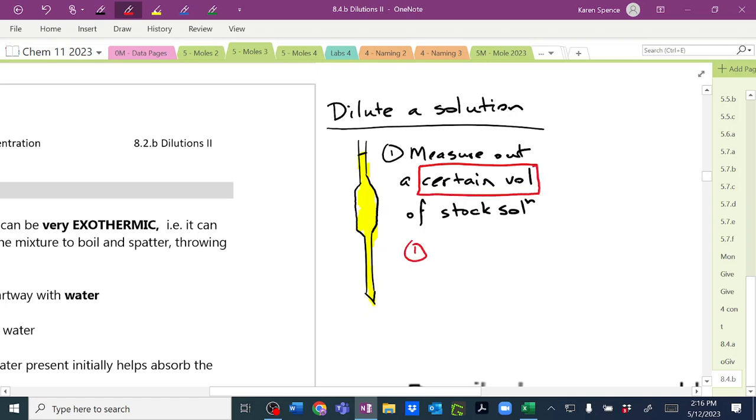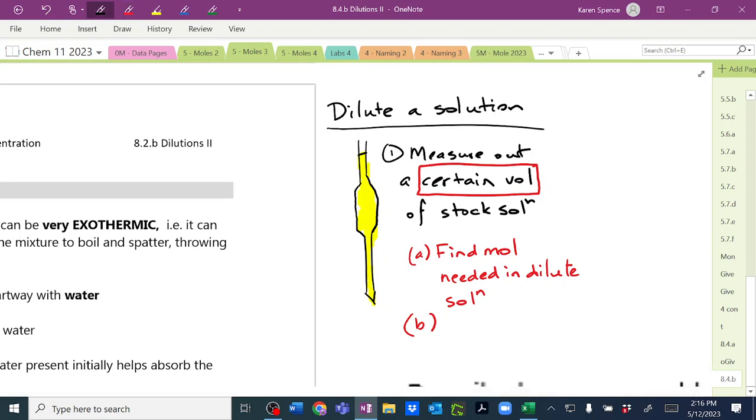First, we find the moles needed in the dilute solution. Maybe I should put an A there. And B, we then find the volume of stock that contains that number of moles.